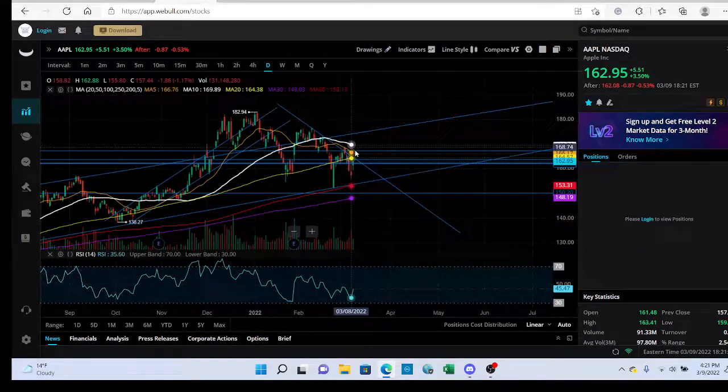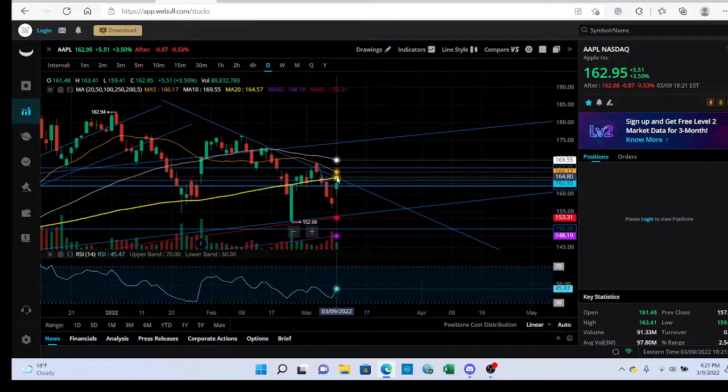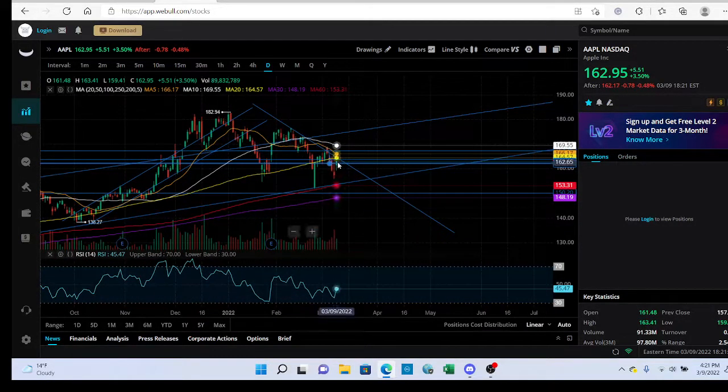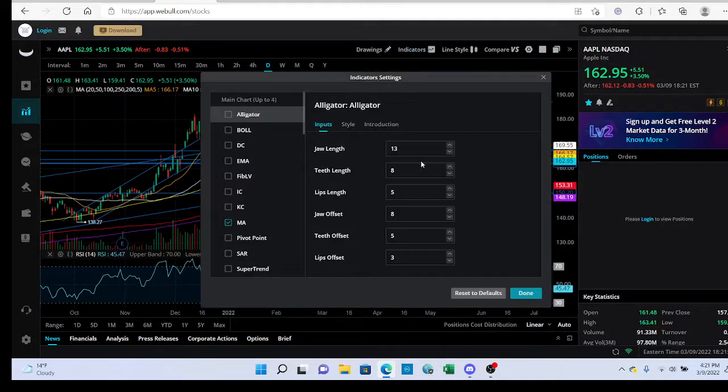Now looking at Apple, you can see that Apple is underneath the 100-day moving average. Basically, we look here, the 100-day moving average, let me double check if that's right.